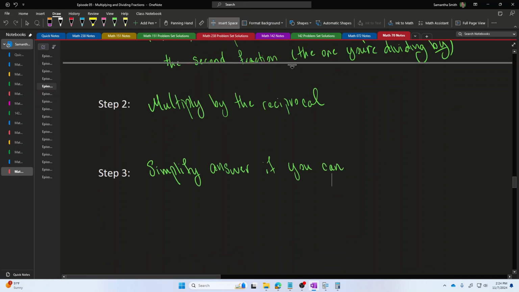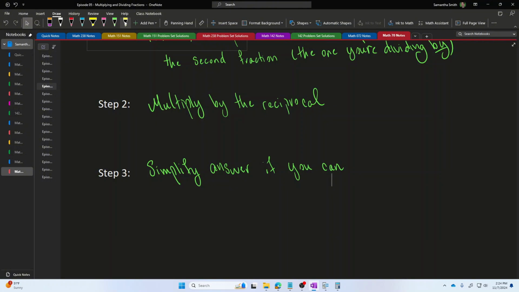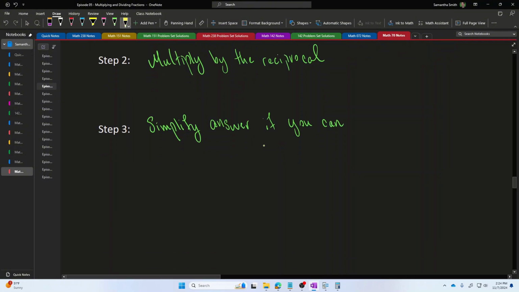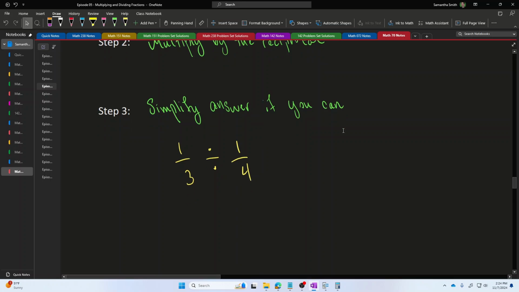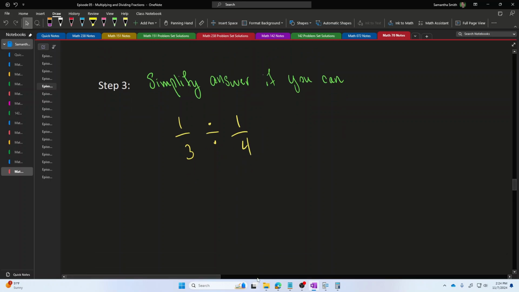To give you a quick example of what I mean when I write these steps down, if someone says to me, what is 1/3 divided by 1/4? The first thing that I would do is take this second fraction, 1 over 4, and take its reciprocal, and I would turn it into 4 over 1.